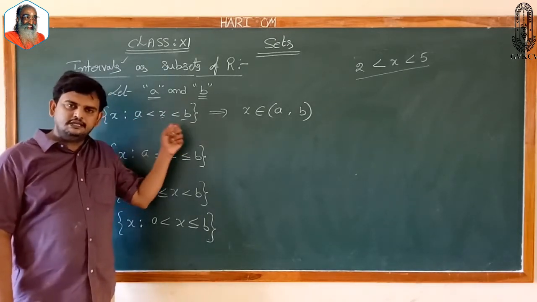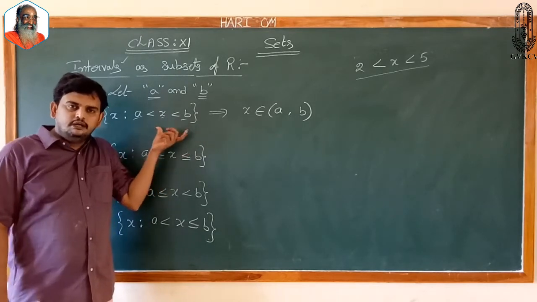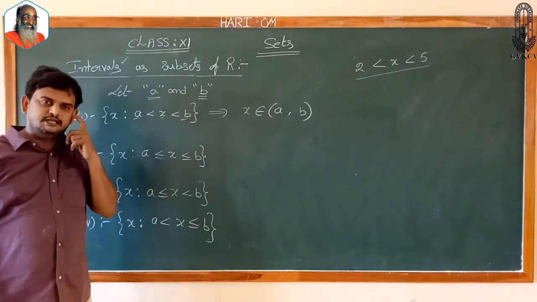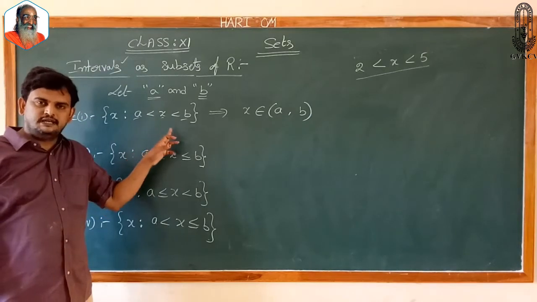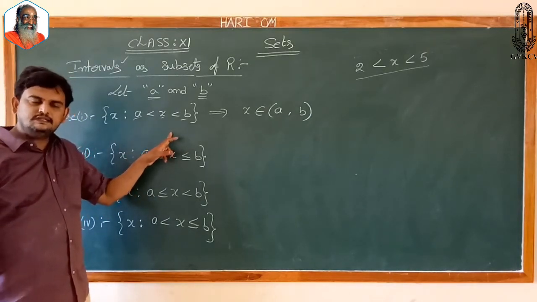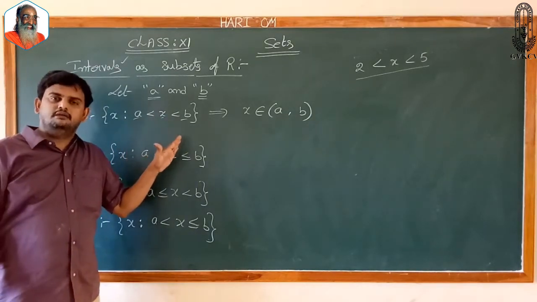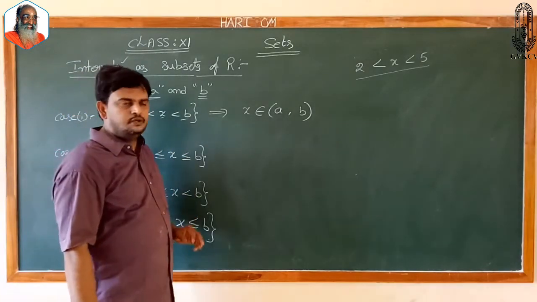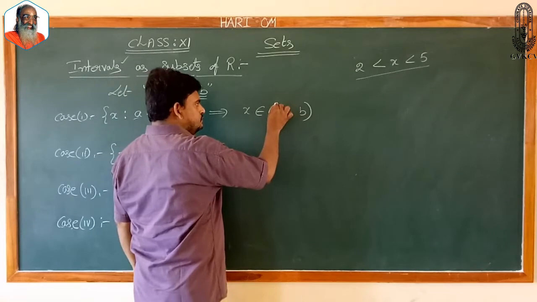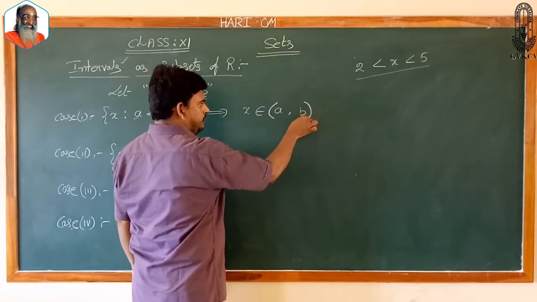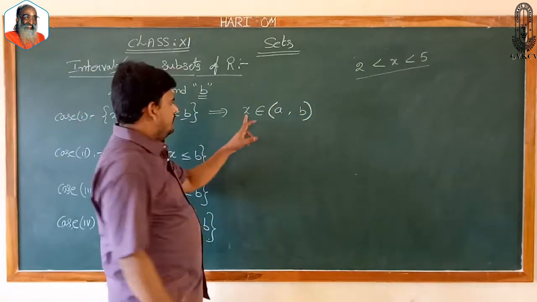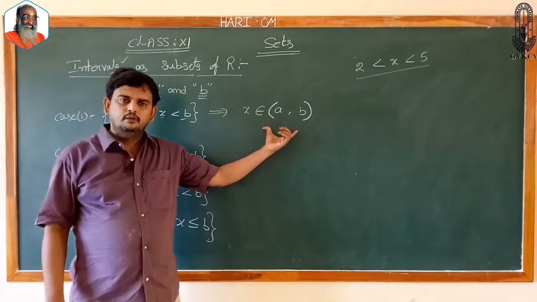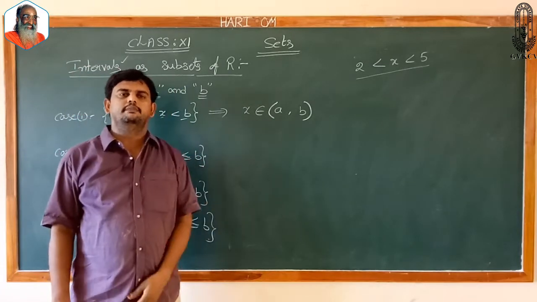We are not considering a and b values. In between a and b values we are considering. The meaning of less than means x is between a and b, but not equal to a, not equal to b. So we are using this open bracket. So x belongs to open brackets a comma b.